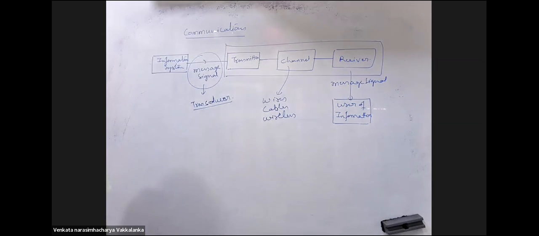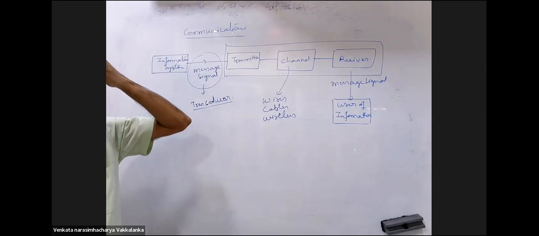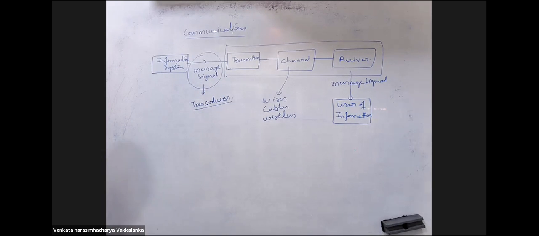Second point. Transmitter converts the message signal into a form suitable for transmission through the channel.